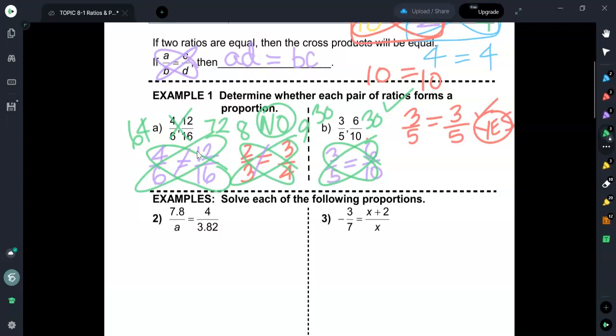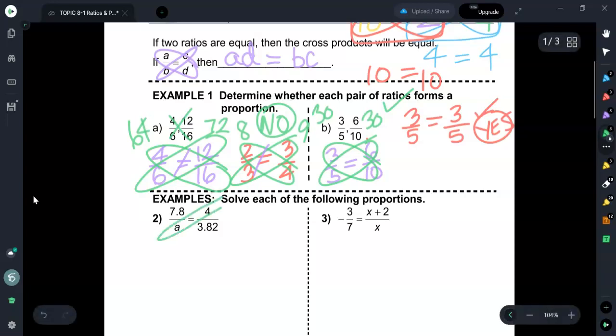On A and B, you were not given equal signs. But on 2 and 3 down here, you are given equal signs, so they are telling you already these are equal. Let's solve them and see what we can get. I'm going to look at example 2, and you will need a calculator for this because you've got decimals, but let's go ahead and do our cross multiplication.